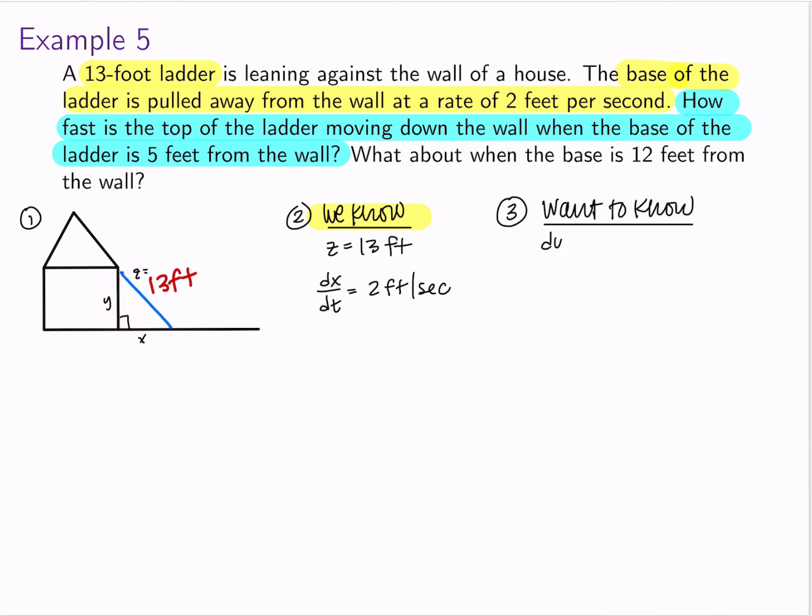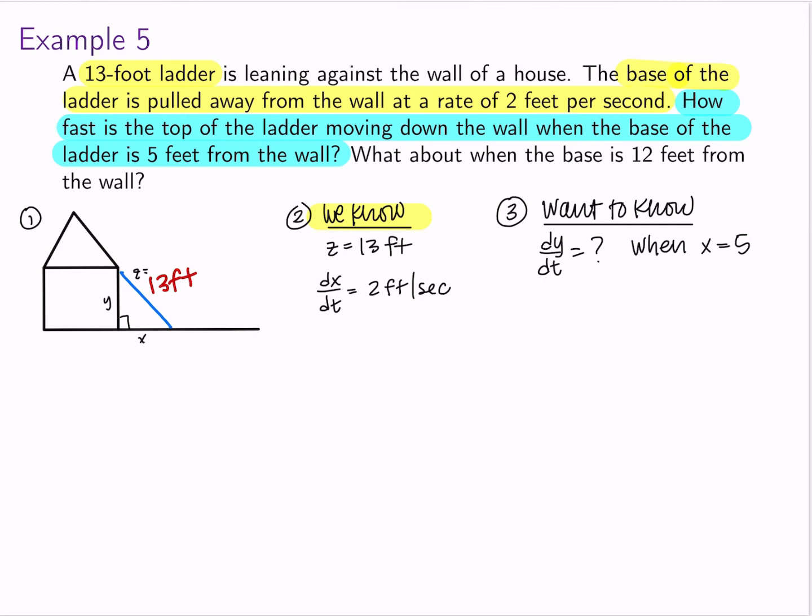So I want to know dy dt when the base of the ladder is 5 feet from the wall. So let's think about that. When the base of the ladder is 5 feet from the wall, so that's when x is 5.